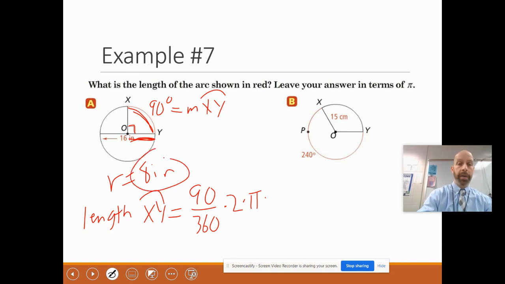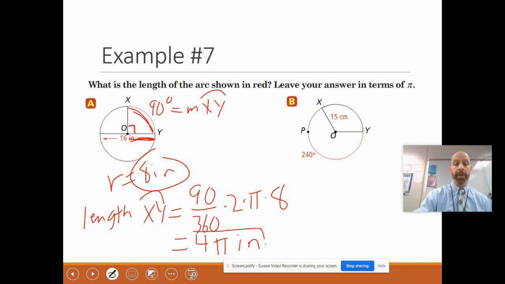And what was r again? 8. So we've got to put all of that in our calculator or work it out. So 90 over 360 turns out to be 1/4, and 2 times 8 is 16. 1/4 of 16 is 4. So the answer here is 4 pi, and the units here are inches.